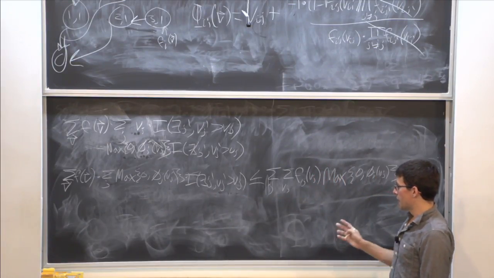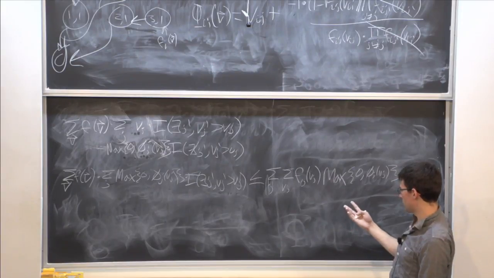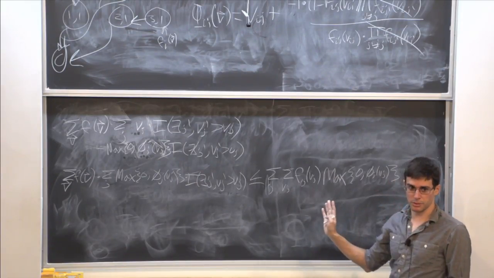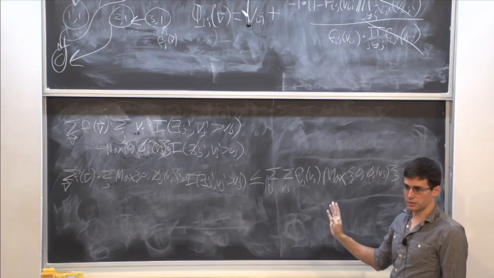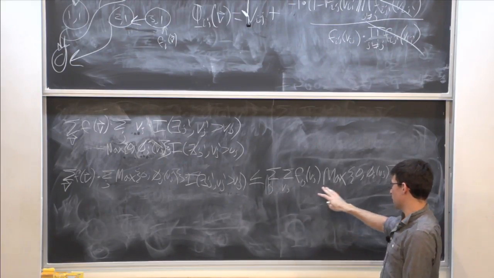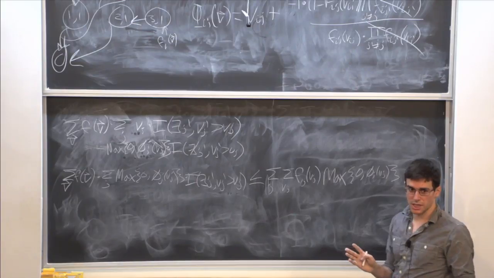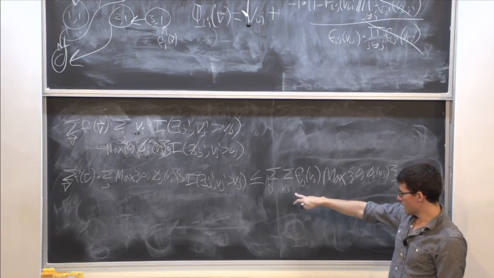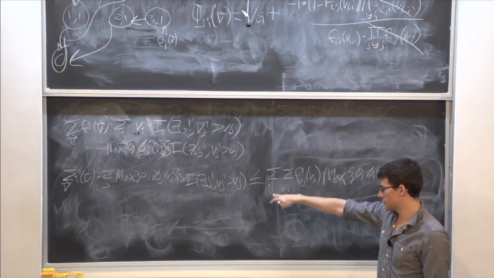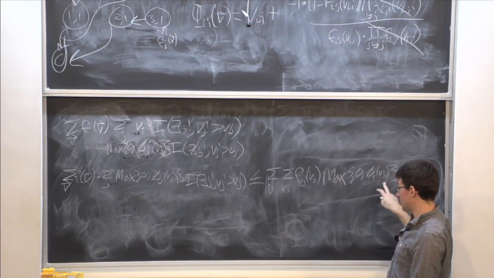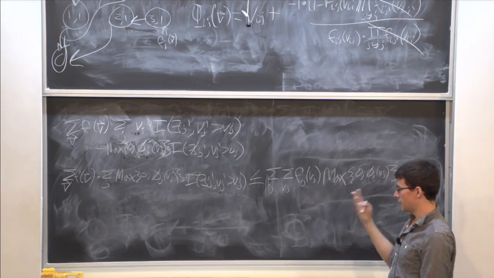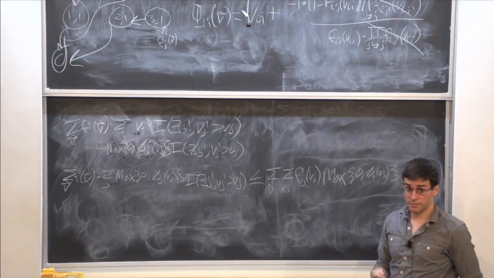Okay? And now the observation you're supposed to make is that this is truly separable across items. Right? For every j, there is no mention of any items besides j in here. This is just saying that this whole term is less than the Myerson virtual value that you can get by selling item j by itself.